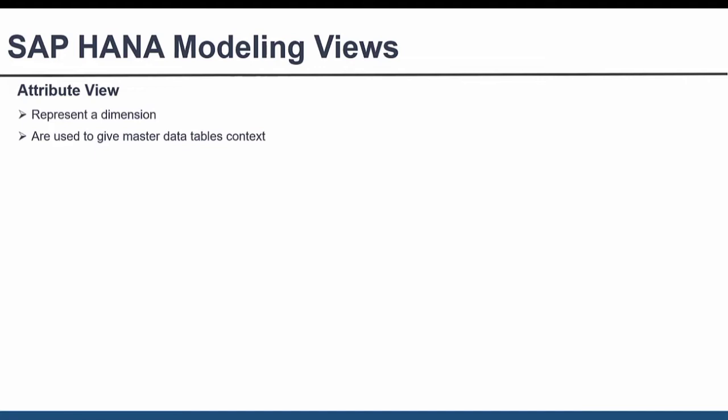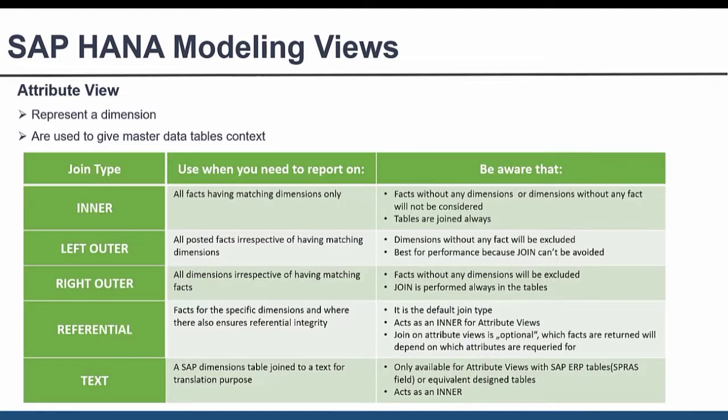We could use this to display the names and addresses of the dealers. The table below shows various types of joins that can be used to create attribute views.